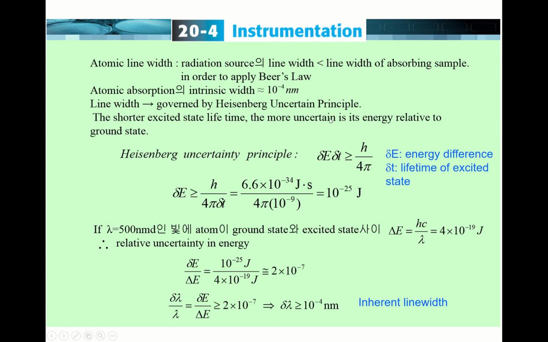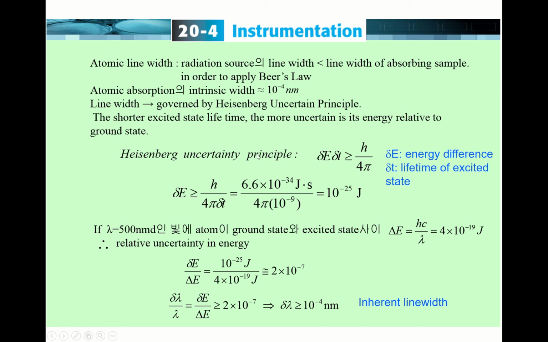This principle means that you cannot determine the momentum and the position at the same time, or you cannot determine the time and energy difference with infinite precision. That's impossible. The Heisenberg uncertainty principle is one of the very basic principles of quantum mechanics.